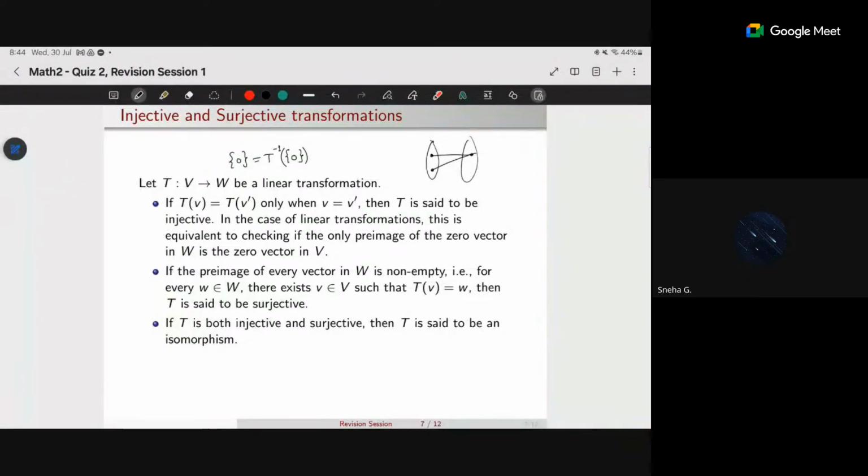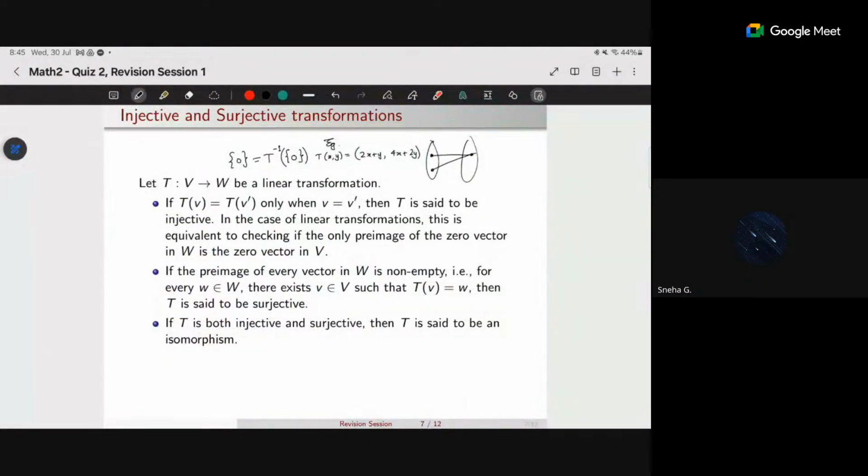So let us take, for example, again a simple demonstration of the same. If I have something like 2x plus y and 4x plus 2y, clearly you see how I've chosen the numbers. It makes sure that it is not injective.